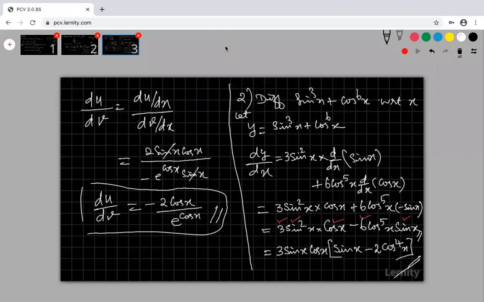Any doubts? Iman Raj, in the first term we have only sin x, no sin x cos x. No problem, no problem. Right, come to the next problem.